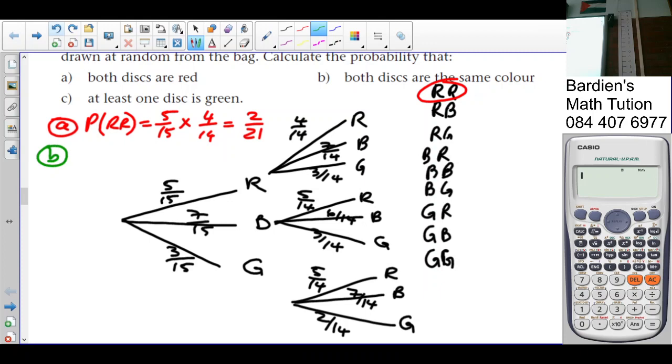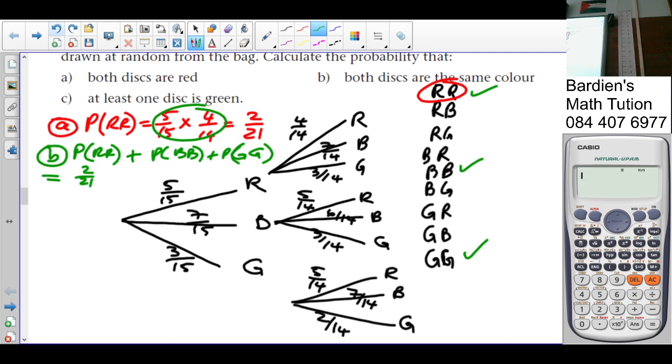Both discs are the same color. So it's going to be the probability of red, which I have calculated. That's an option. Both blue and both green. That's going to be the probability of both blue plus the probability of both green. Both red is 2 over 21. I'm not going to rewrite that probability again.